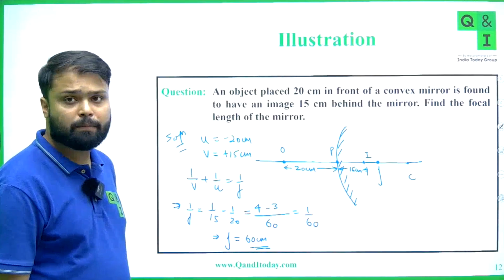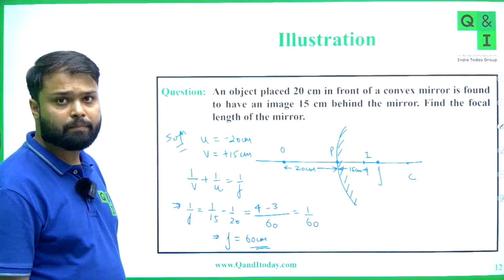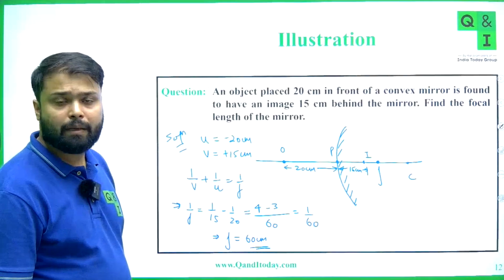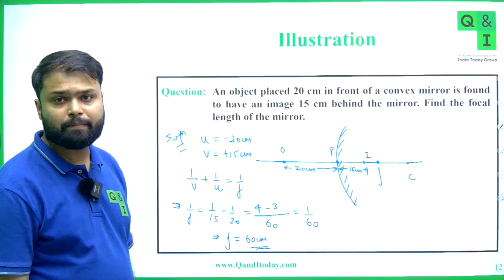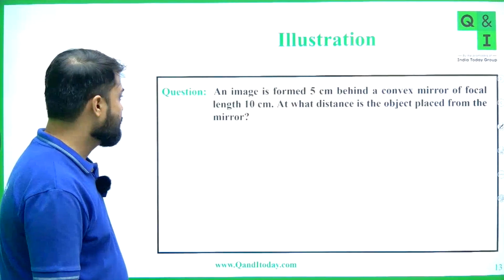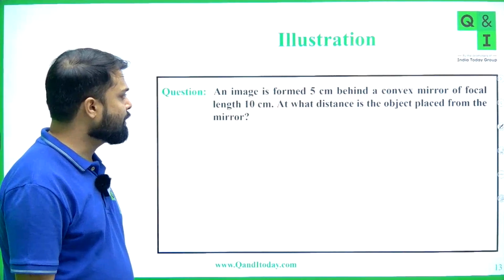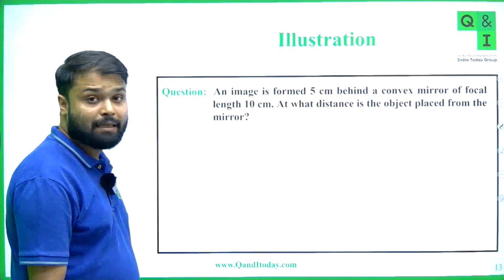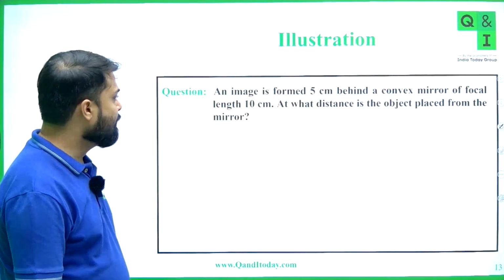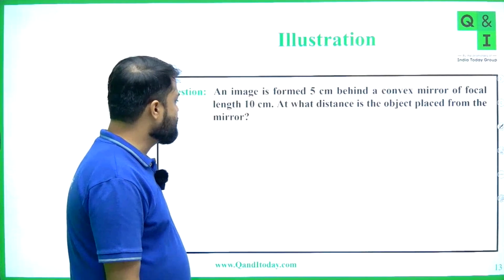Anyone, any doubt? Okay, next question. An image is formed 5 centimeter behind the convex mirror of focal length 10 centimeter. At what distance is the object placed from the mirror?